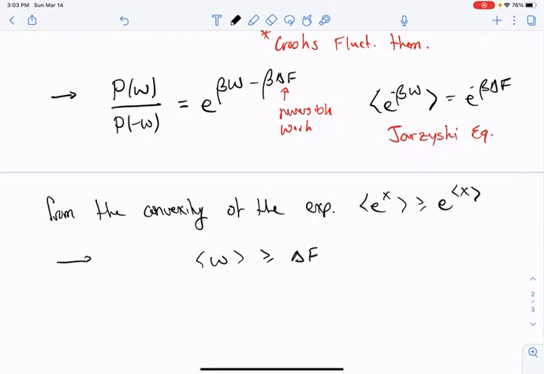That's Clausius's statement of the second law. The reversible work theorem, Jarzynski's equality, tells us where that inequality comes from. That there are microscopic processes that must allow for energy extraction. They're just exponentially rare.